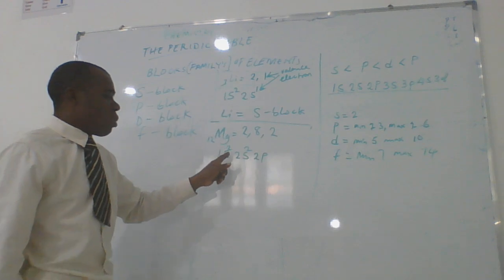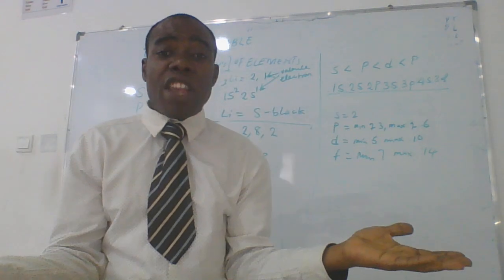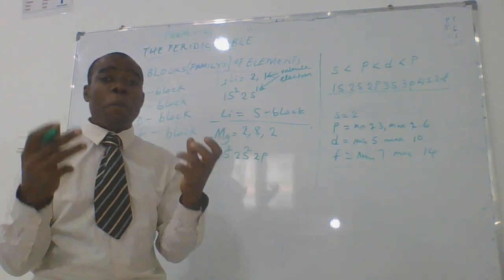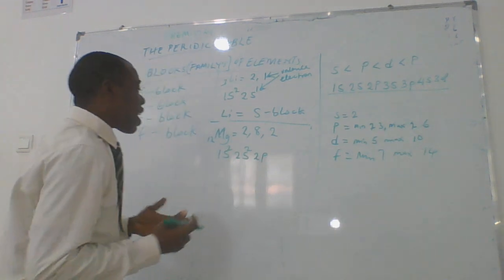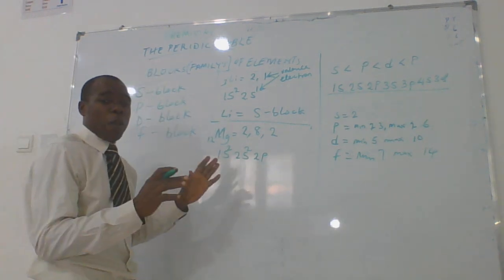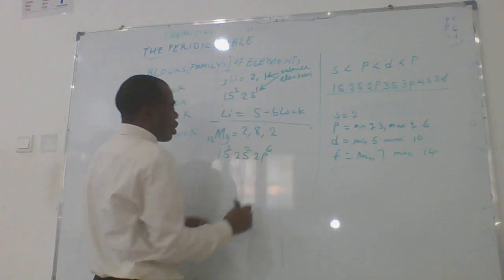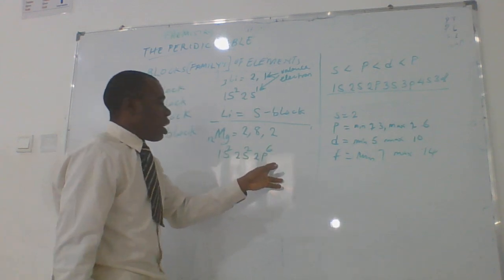But look at magnesium. I have exhausted just 4 out of 12, so I still have 8. That means there are enough electrons for the p orbital to be occupied, so I can get the complete orbital for magnesium. So I have 6 here, 2p6.